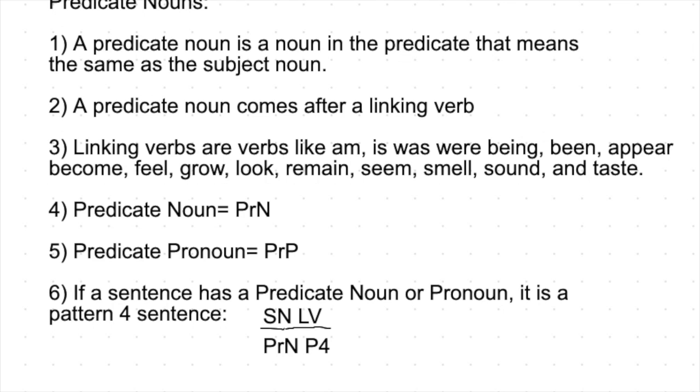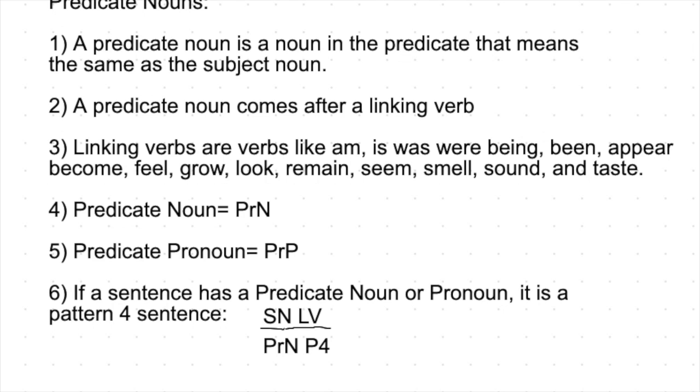Number 2, a predicate noun comes after a linking verb. If you remember from our verb jingle, a linking verb shows no action. It's a state of being. The linking verb shows no action because it tells what the subject is. So review that jingle. It'll help you remember what linking verbs are.